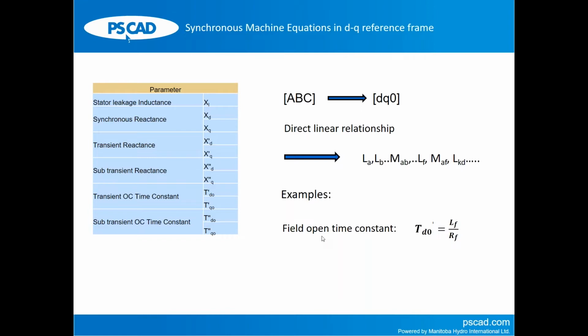For example, the field open time constant, TDO dash, is simply the inductance of the field winding divided by the resistance of the field winding. All of these are related. I don't want to go into those details; this is for your information. So that's some background on the machine model.